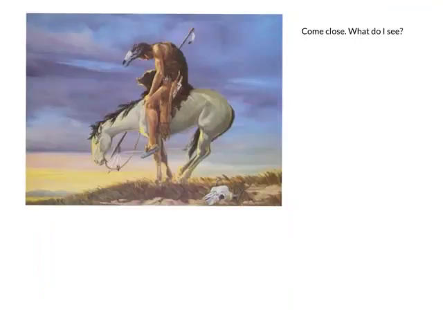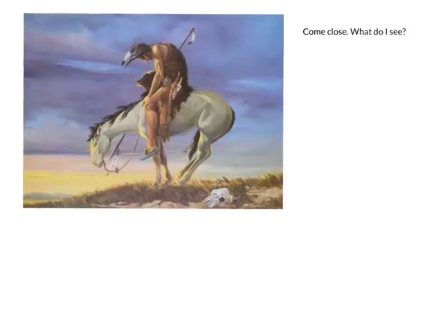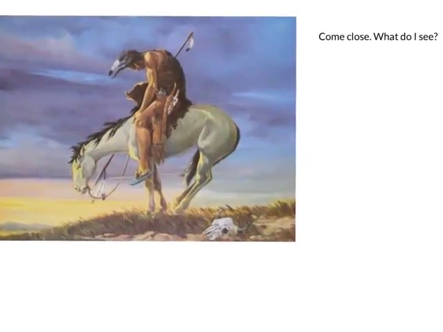So let's try our first close read with this picture. So come close with me. And what do I see? Well, when I look at this picture, I first see a Native American. And I notice he's sitting on a white horse.